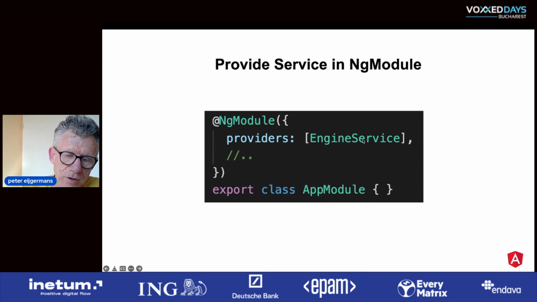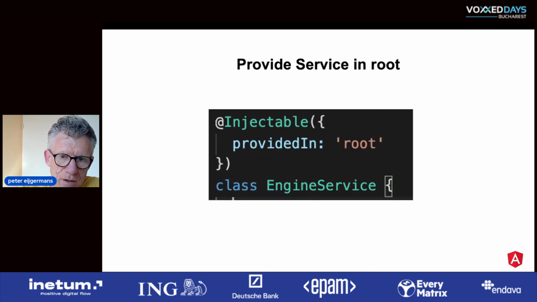And under the hood, the injector will pick it up and create a singleton for you, which you can inject. You can also nowadays provide your service in this way with an injectable providedIn root, which means that this service is available in the whole application. It is visible in the whole application.